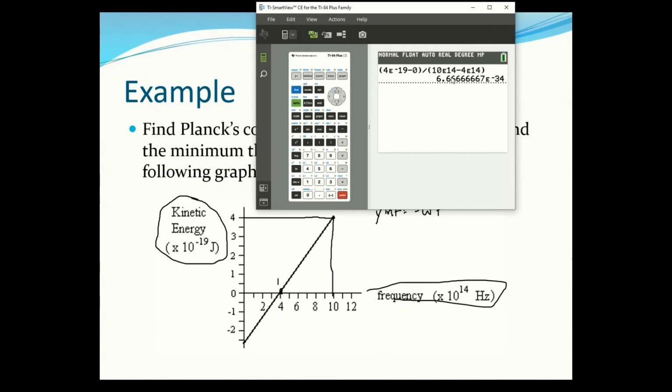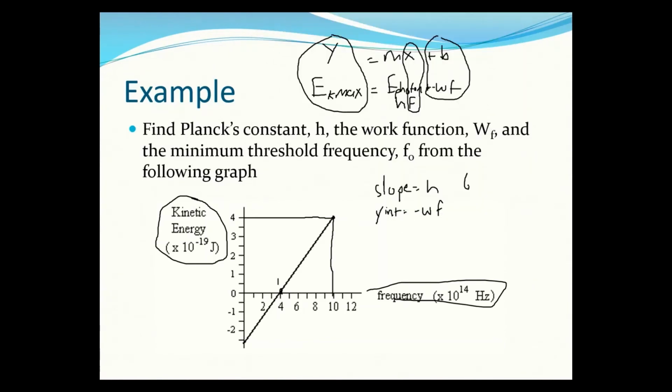We get 6.67 times 10 to the negative 34. And the units would be joule seconds, because in our y we have joules, and then hertz is 1 over seconds. So 1 over 1 over seconds would be joule seconds. So yeah, pretty close, right? 6.63, 6.67, good enough.